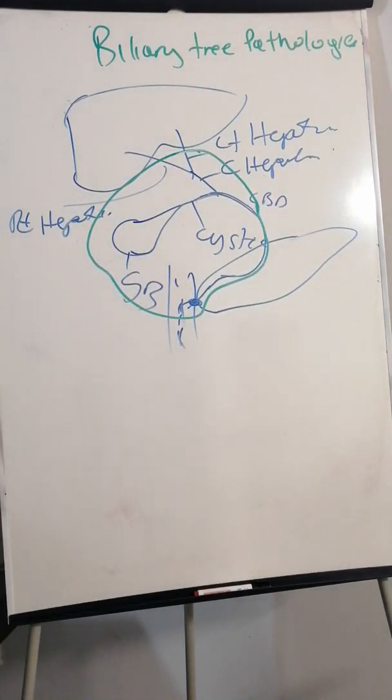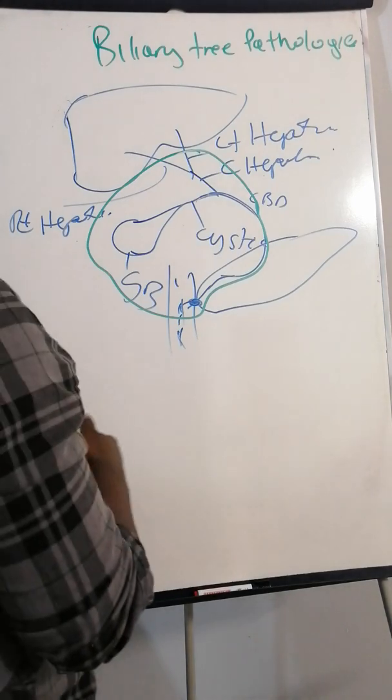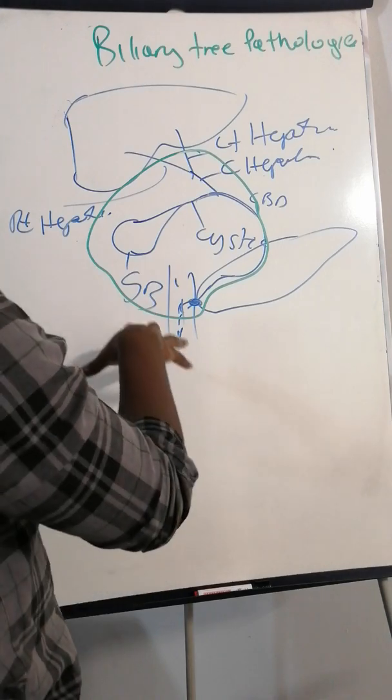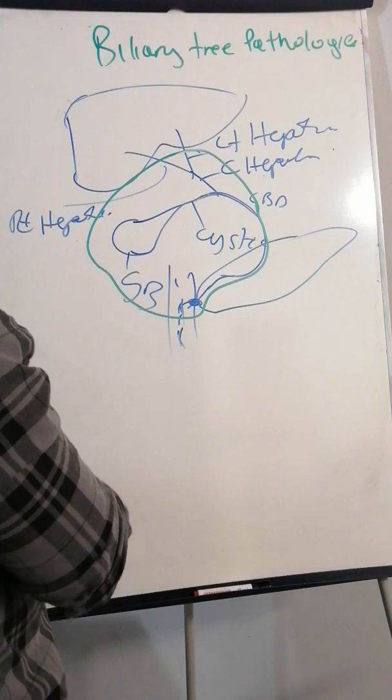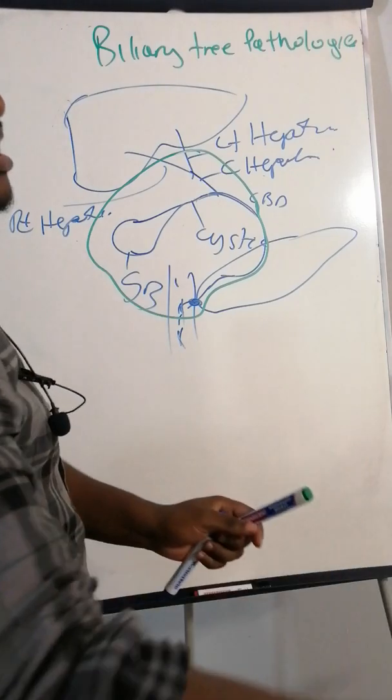Those are our biliary structures. There are so many pathologies of them, guys. But the number one problem in the biliary tree is gallstones and their complications.